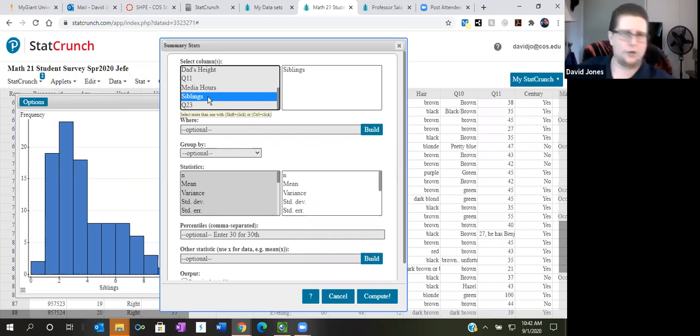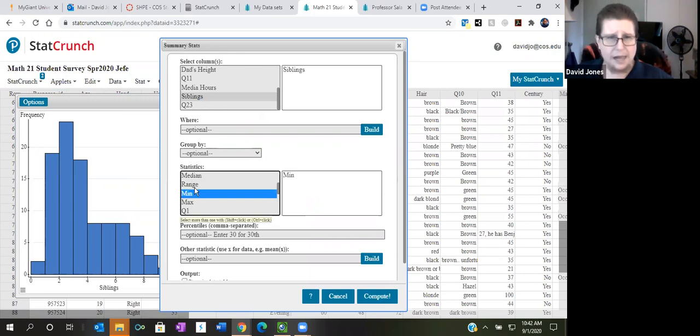In fact, I'm going to do all of them. We can select the minimum value, and then I can hold down Control and click Q1, and then I can click median, and I can click Q3, and I can click max, and then I'm going to show the IQR.